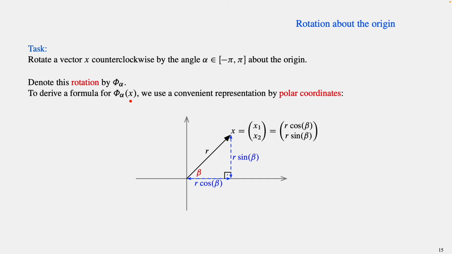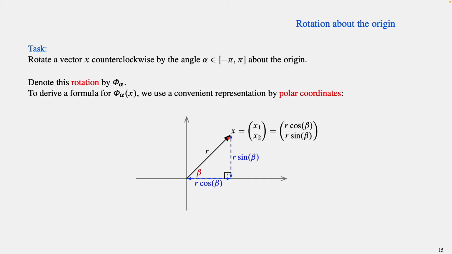And what we do, we use a little trick. We represent x in polar coordinates. So if x is our vector with Cartesian coordinates x1 and x2, then we can use polar coordinates to describe it. x has distance r from the origin.